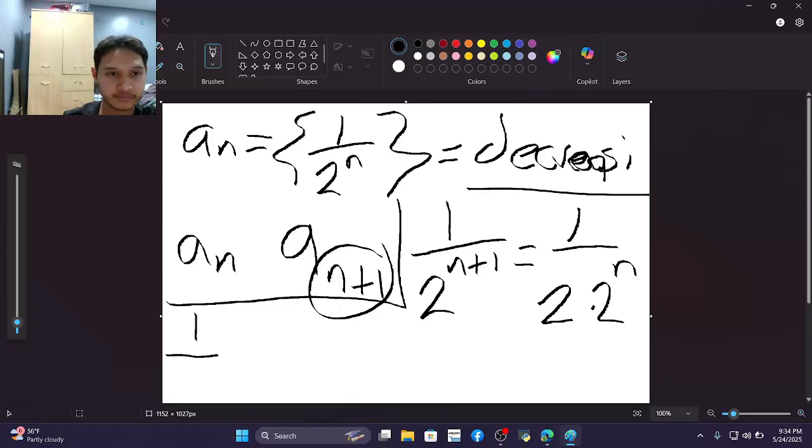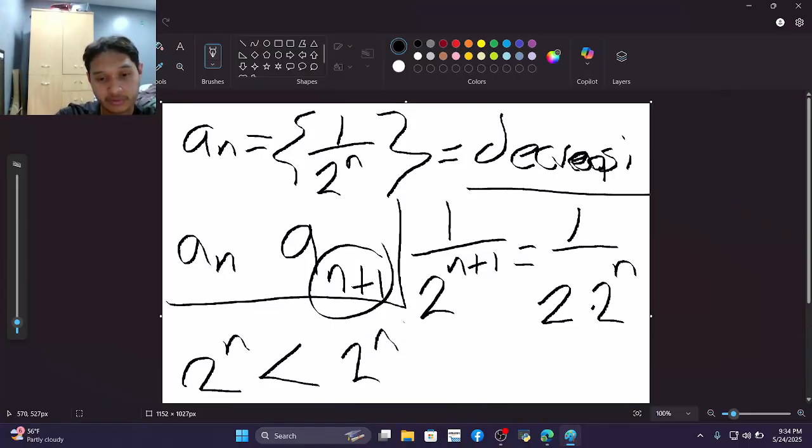This 2 to the n is smaller than this 2 to the n plus 1. Just look at it: n plus 1, and n.